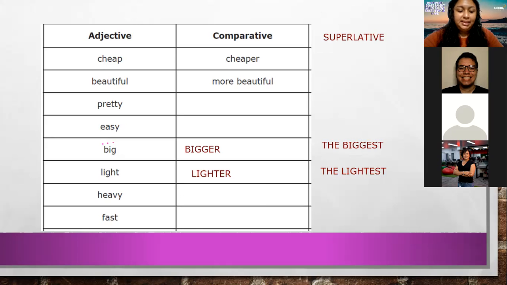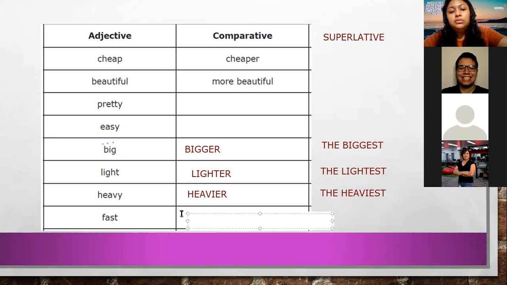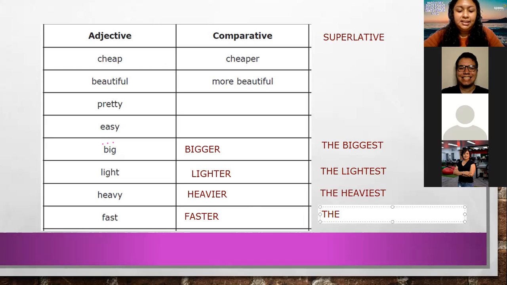Heavier. Exactly. And the superlative form would be the heaviest. Exactly. Very good. Okay. And then I have fast. So comparative, faster. Exactly. And the superlative would be fastest. The fastest. Exactly, the fastest. Very good. Very good job.